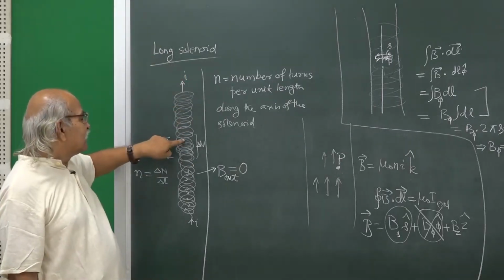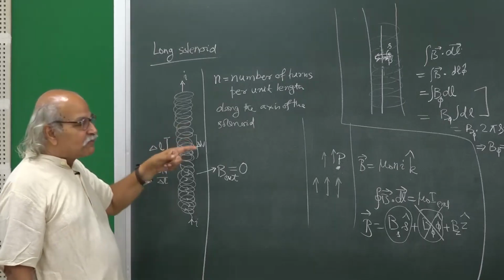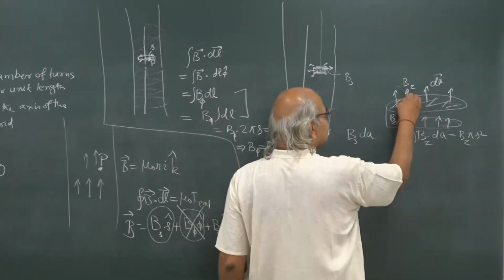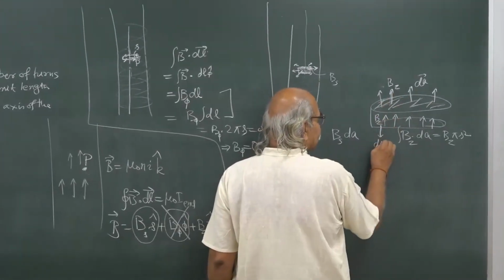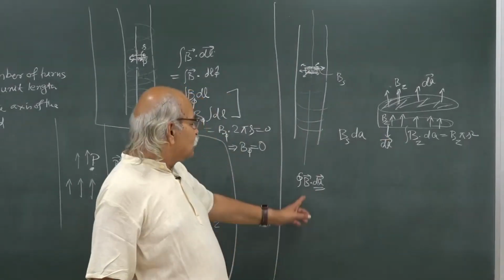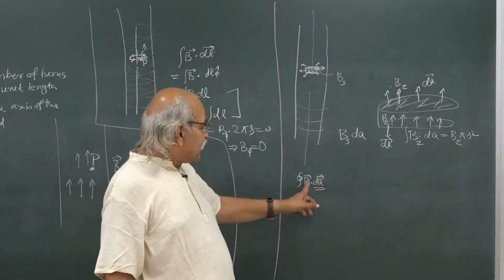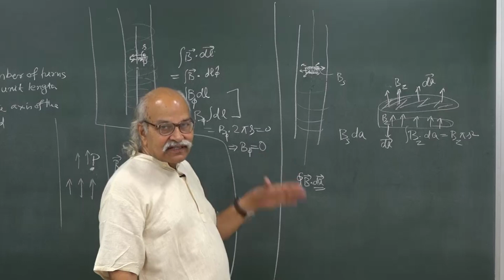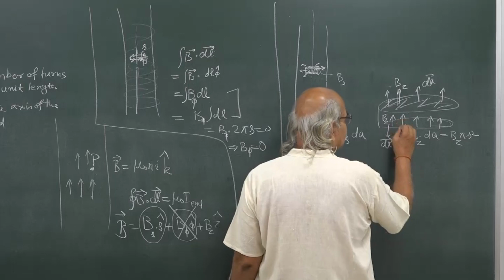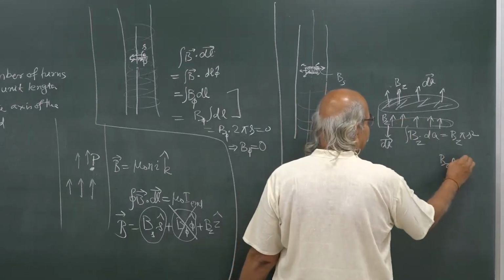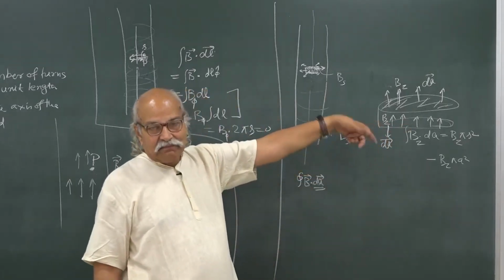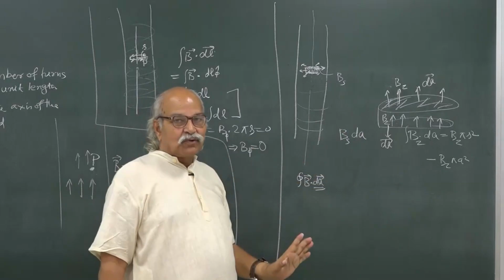So, this point and this point have no difference, and therefore Bz is the same, but dA is opposite, because dA is always the outward normal. If you have a closed surface and you are doing this flux calculation, then the area vector is the outward normal. So, here you will have Bz pi S square with a negative sign, and this will not contribute to the total flux. Bz will not contribute to the total flux.